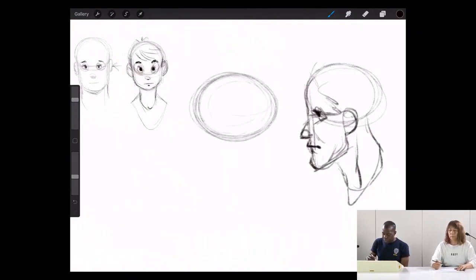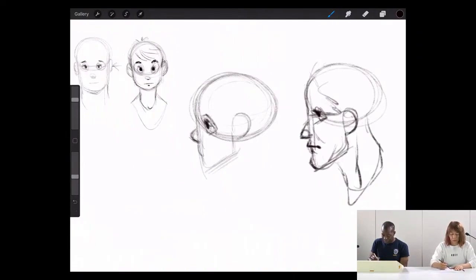The cranium is going to be quite large, but the jaw area is not going to be as developed, and again the eyes are going to take up a major part of the head. Also, you might notice the nose is smaller because it's not quite developed yet.